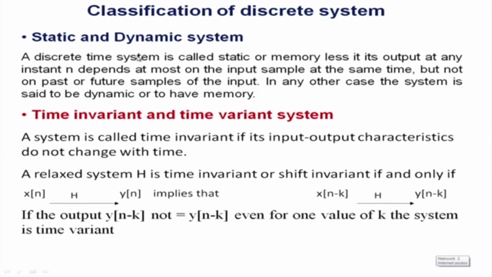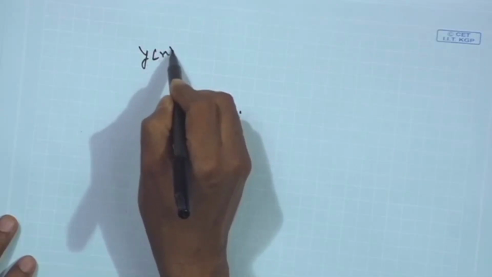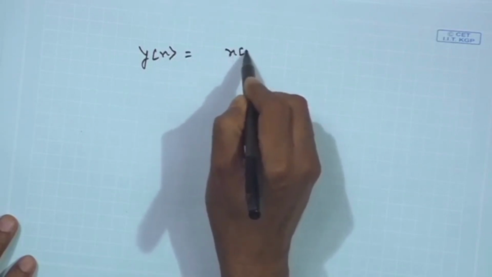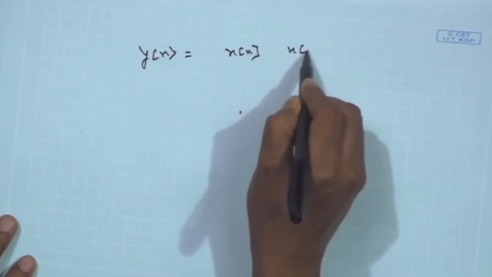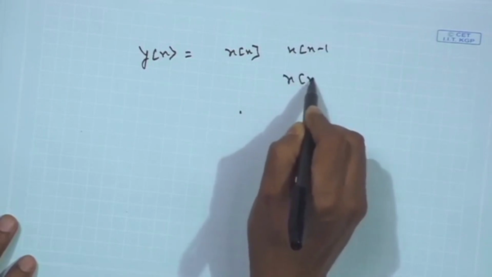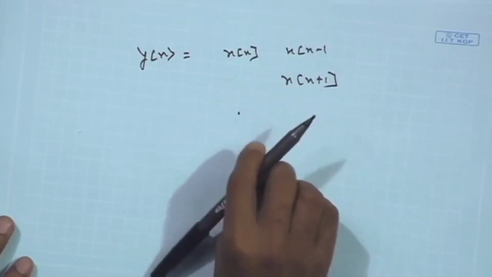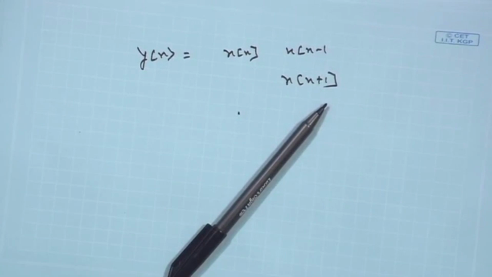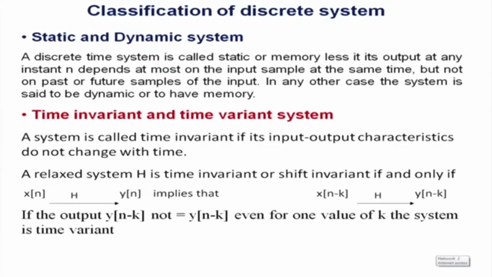So, suppose my y n only depends on x n and x n minus 1, but not x n plus 1, then I can say my system is static. Okay. So, memoryless system, static system, and if it depends on future samples, then it is a system with memory. So, memoryless system is a static system, and a system with memory is a dynamic system.